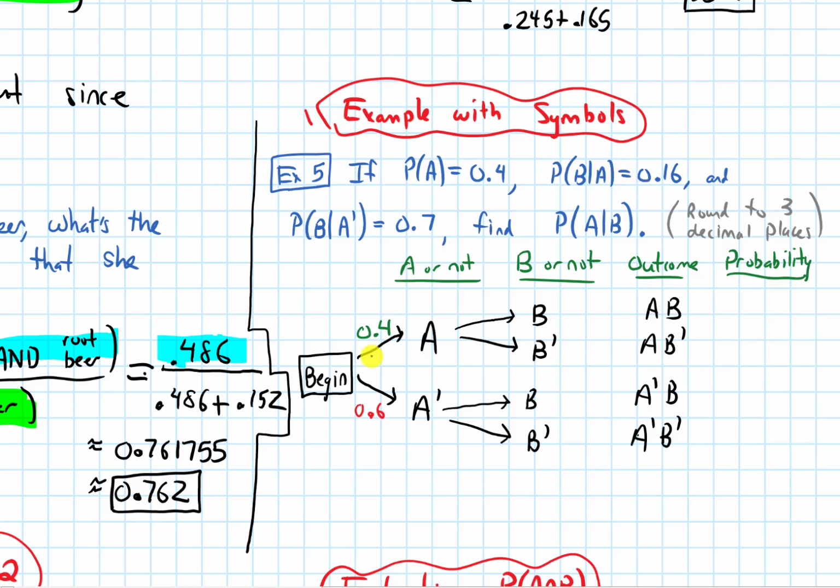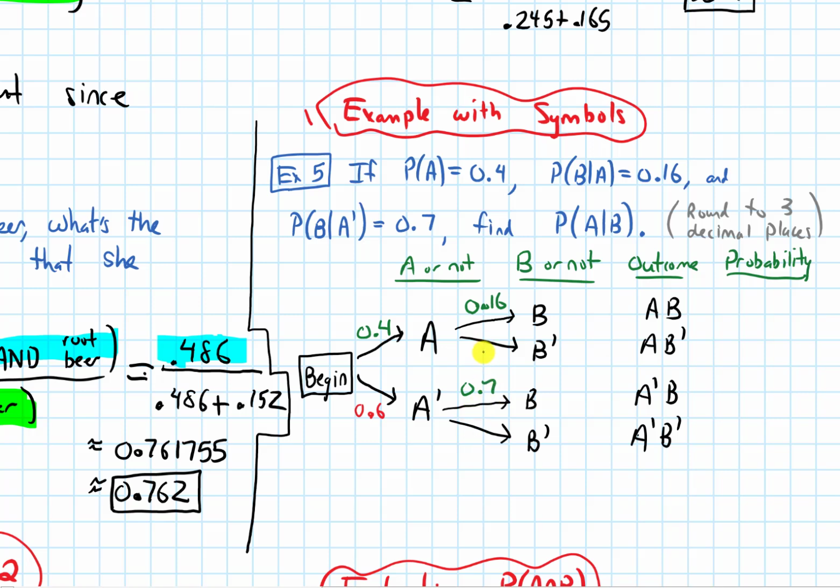Starting with the A branch, given that A happens, the probability that B then happens is 0.16. So 0.16 here. And for this other conditional probability, this is given that A complement happens. So we're down on the A complement branch, and it's the probability that, given that we're there, B now occurs. That would be going along this branch to B, and that probability is said to be 0.7.